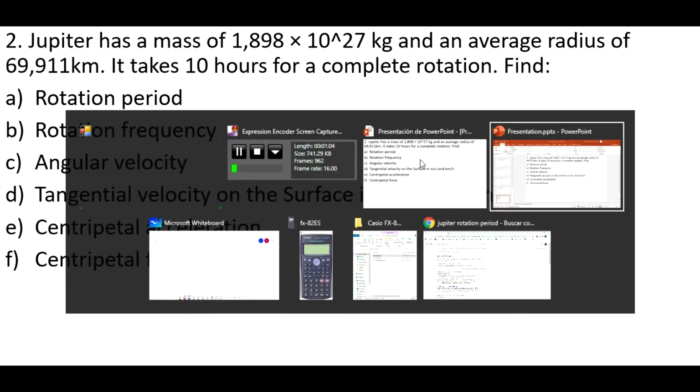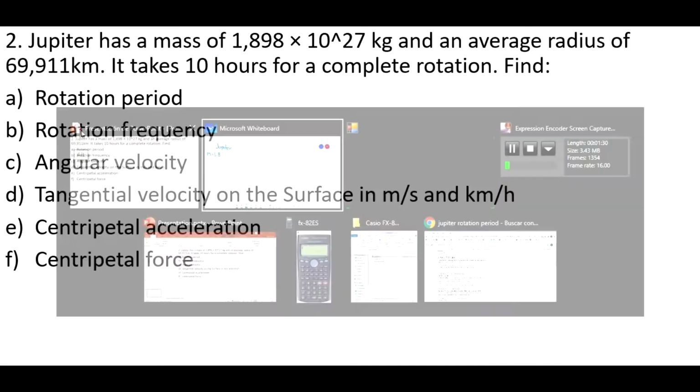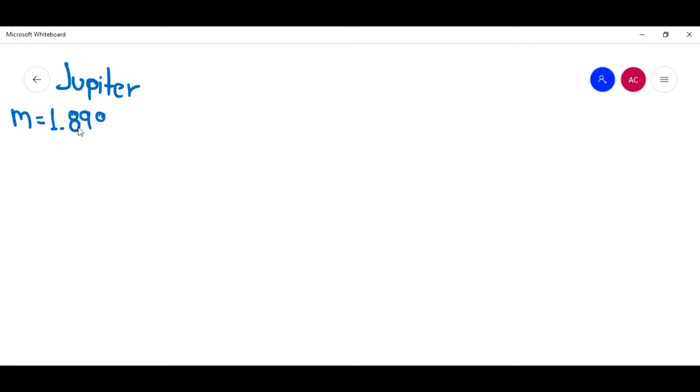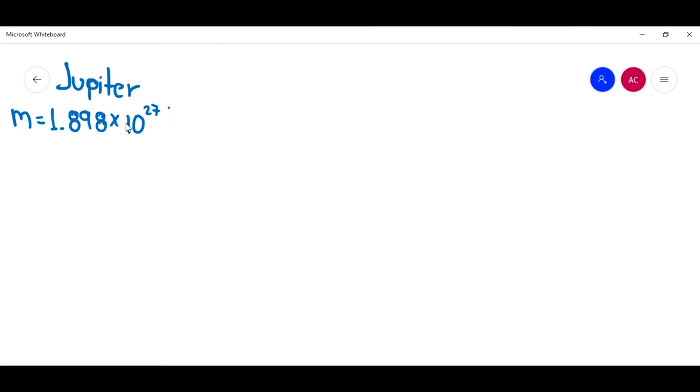Okay, so I'm gonna change my screen and I'm going to this over here. So I'm gonna write the data. We're talking about Jupiter. So Jupiter, that's the planet. Mass equals 1.898 times 10 raised to 27 kilograms.